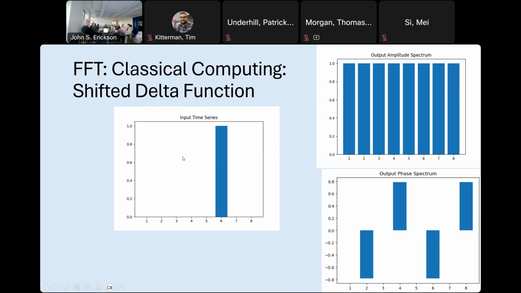So this is the input. Here's the amplitude spectrum, and see the input is in position 6, and now you have a phase spectrum. It's a non-zero phase spectrum, and what that's telling you is that this is because of this time shift. This phase shift here is equivalent to the time shift over in this domain, right? And you can use these numbers to figure out how many samples it's actually been shifted. Okay.